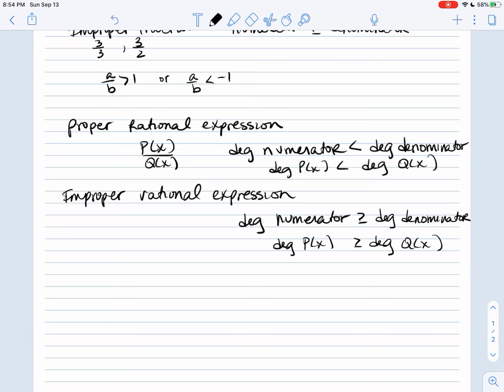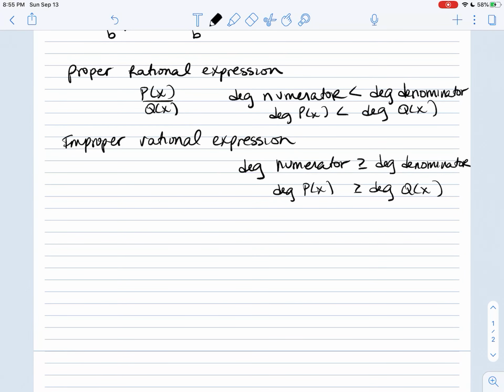Now the very first step in applying the technique of integration by partial fractions involves securing that the rational expression that you have is proper. And if it is not proper, in other words, if it's improper, then we want to divide the denominator into the numerator and express it as its quotient plus its remainder, and then perform techniques of integration on the remainder.